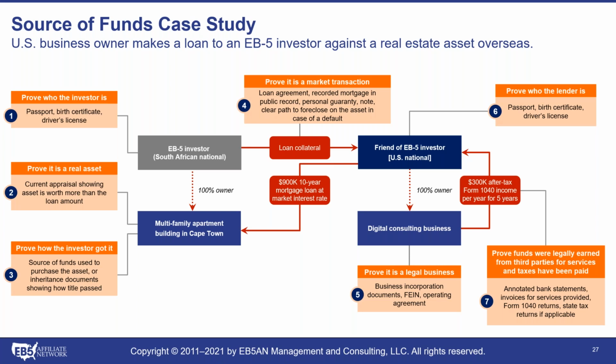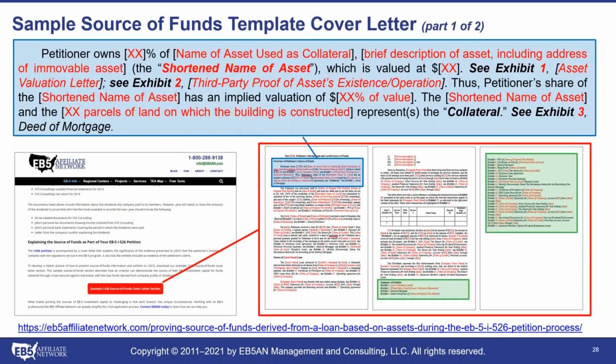So this is definitely on the more complicated side, but it does illustrate how the documents needed will vary based on the different parties involved in one of these transactions. And as a secondary point, to help illustrate how all of these different source of funds documents come together in the actual EB-5 filing, on our website we have an example of a source of funds template layout.